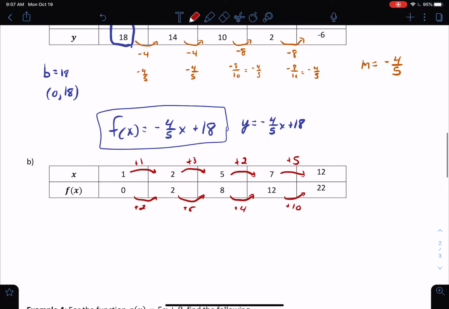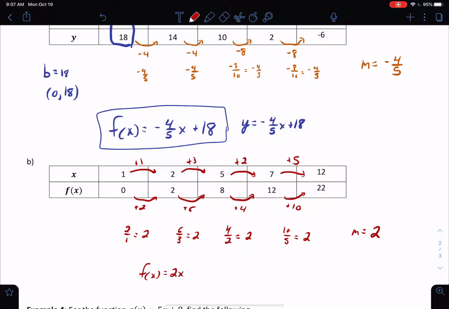So my rate of change, 2 over 1, which equals 2, 6 over 3, which equals 2, 4 over 2, which equals 2, 10 over 5, which equals 2. All right, the change in y over the change in x, those are all the same. So my slope, or my rate of change, is 2. Okay, so right now we could say f of x equals 2x.